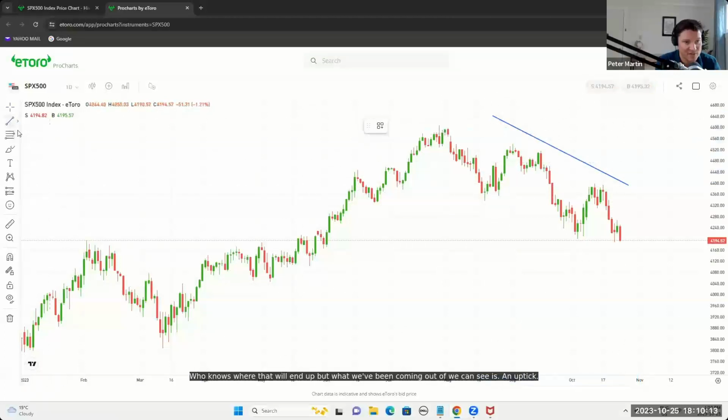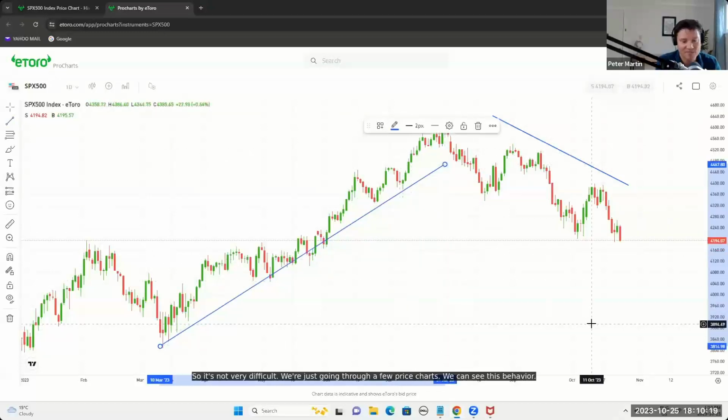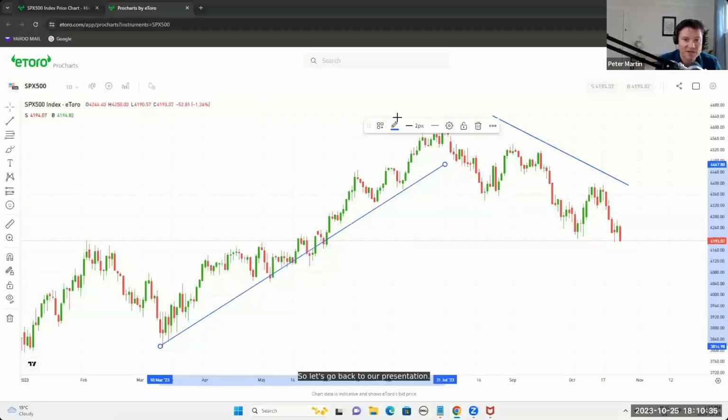But what we've been coming out of, we can see, is an uptrend. So it's not very difficult. We're just going through a few price charts. We can see this behavior quite readily exhibited wherever we go. You're either going sideways, market's going up, market's going down. So let's go back to our presentation.